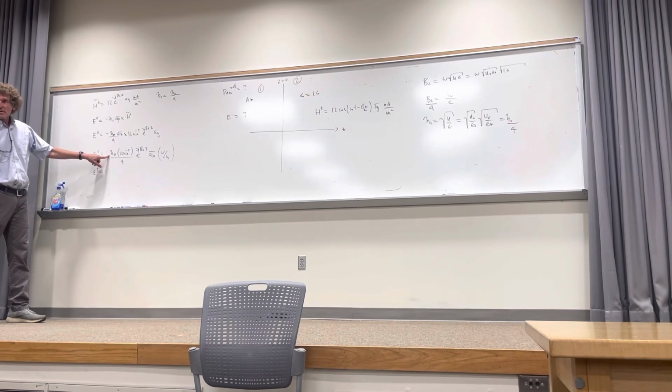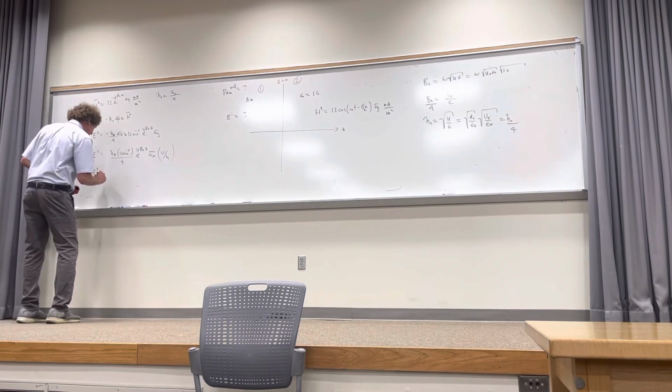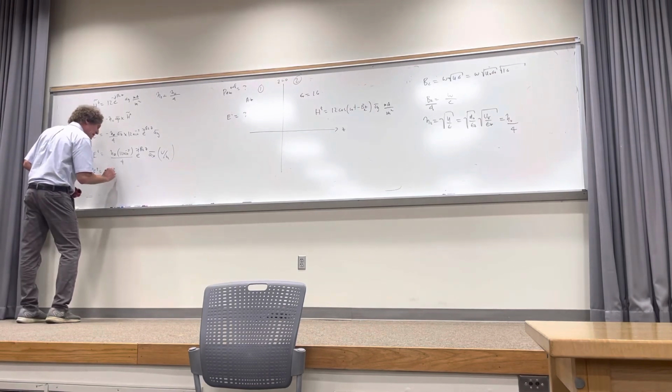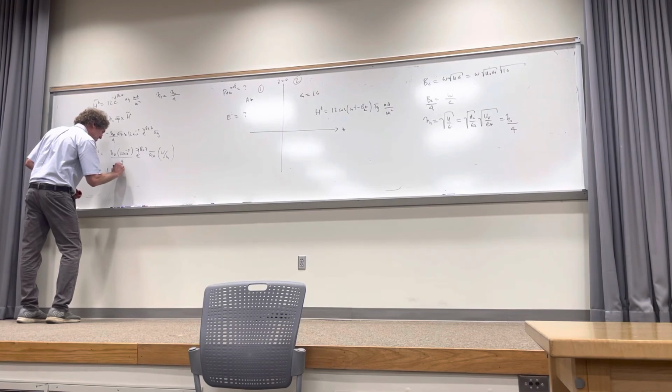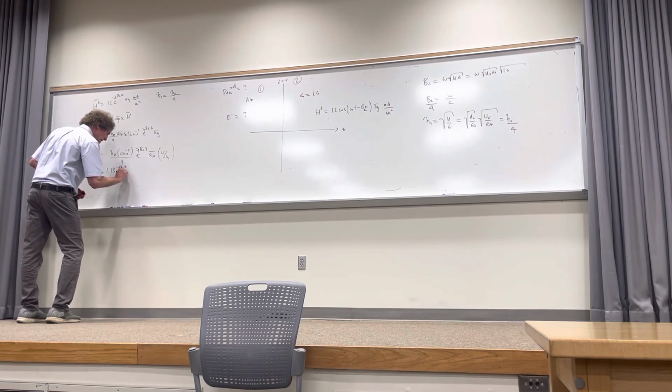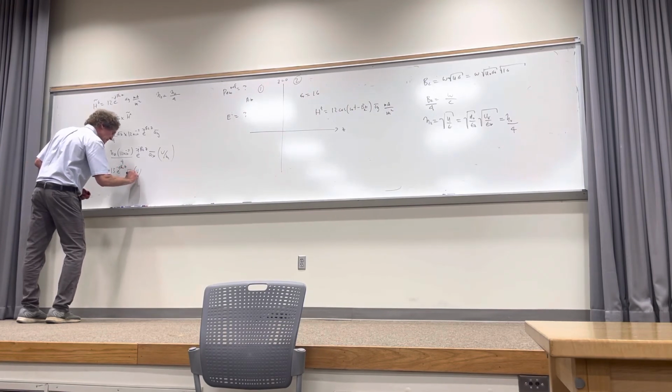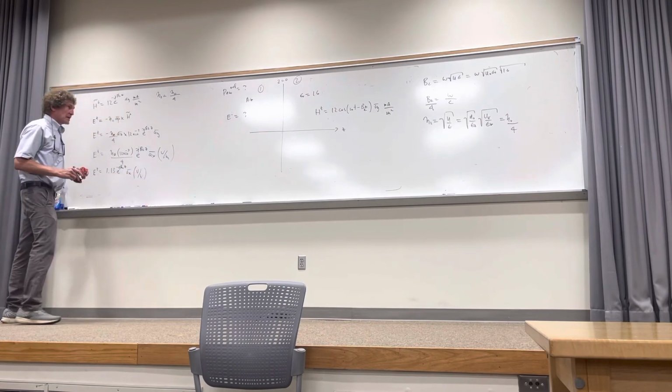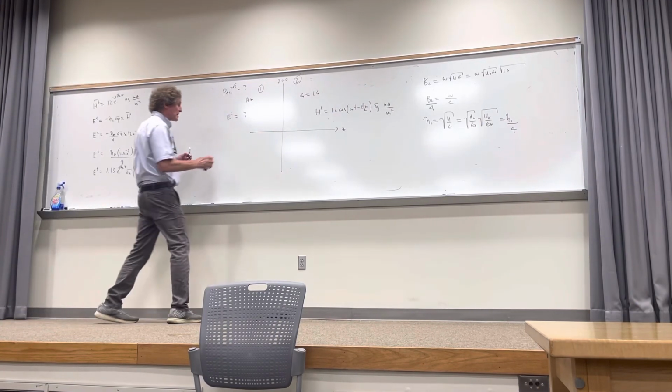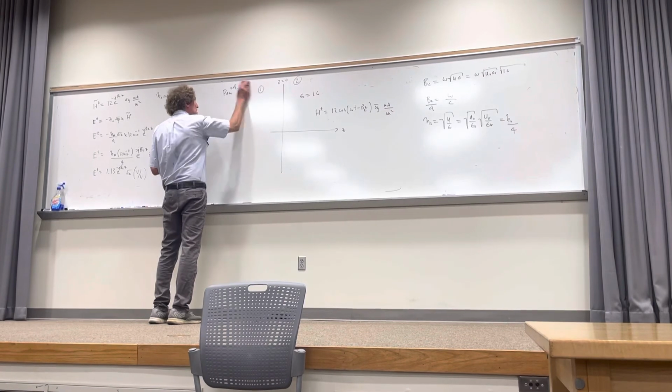Pardon? 1.13. Is that right? Yeah, that's right. 1.13 e to the minus j beta 2 z, in the a_x direction, volts per meter. All right, we've got the transmitted electric field.